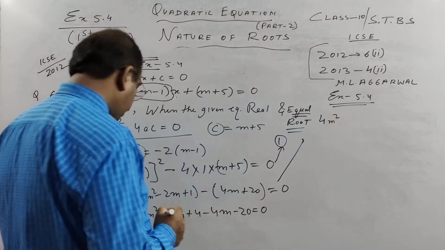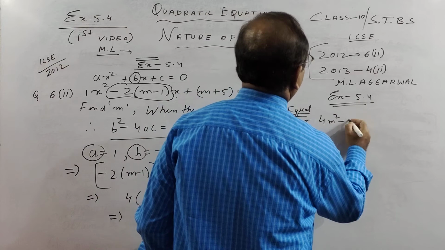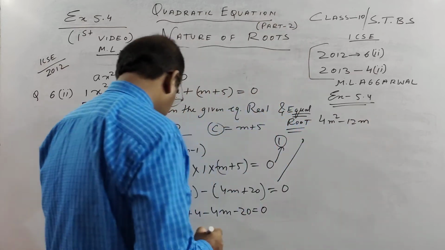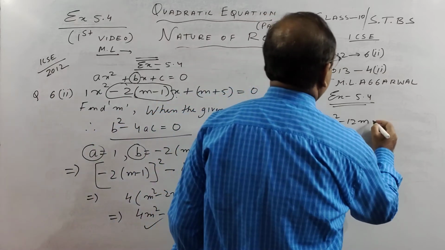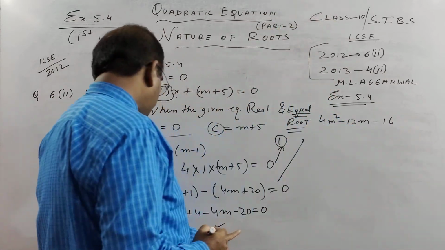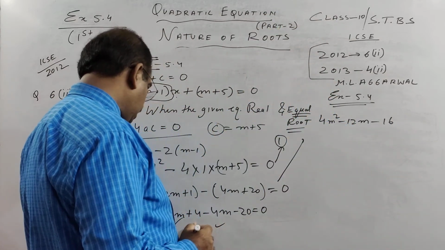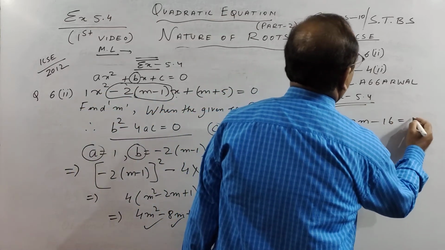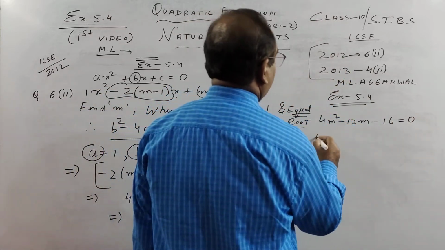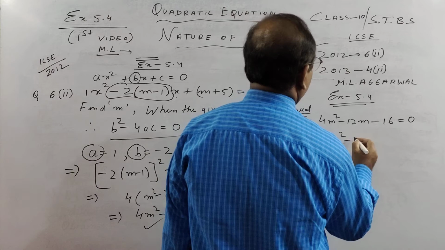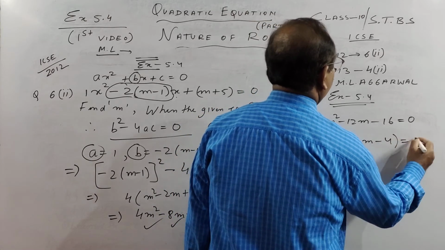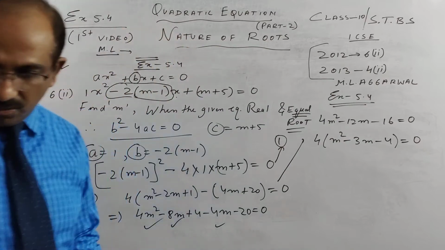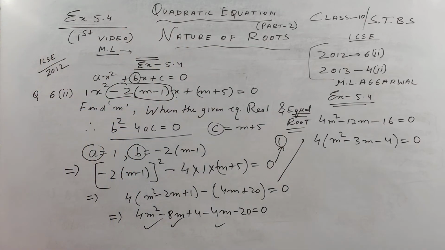We get a quadratic: 4m square minus 12m, minus 16, equals 0. If you take out 4 common, m square minus 3m minus 4 is 0. So you can take out 4 common.